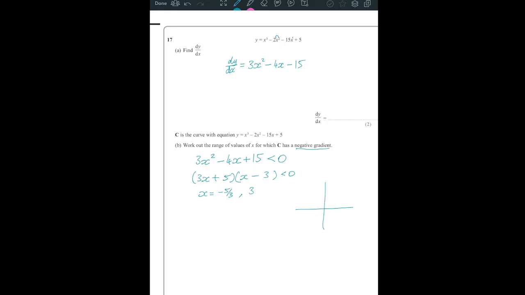Now we need to pick out the inequality that works. So a quick sketch of the quadratic. As so, we have that bit over there being negative 5/3 and that being 3. We want it to be negative, so we're looking at the part of the curve that's under the axis. So my solution is then going to be between the values of negative 5/3 and 3.